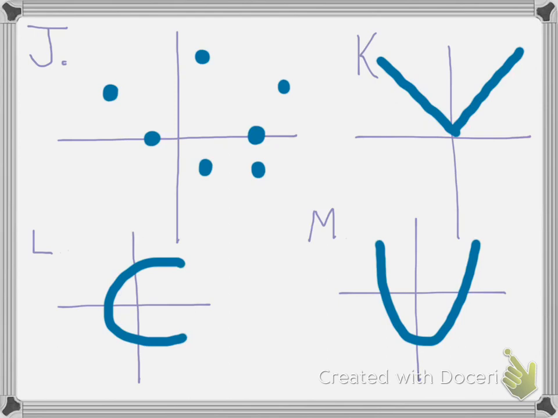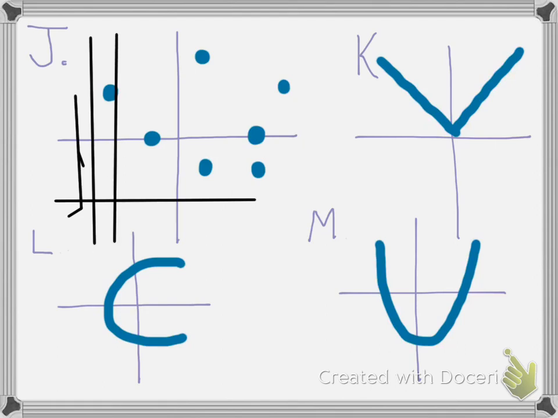a vertical line test. So you literally can take a straight line or your finger or your pencil, and when you go reading left to right across the graph, you want to read always from the side, and you hold your pencil up this way. As you move across the page, think about little bitty lines coming across.